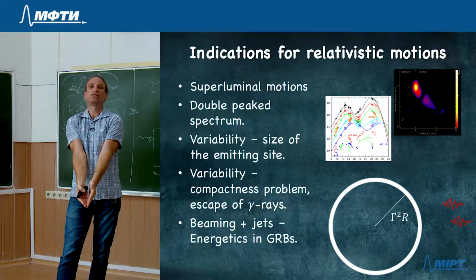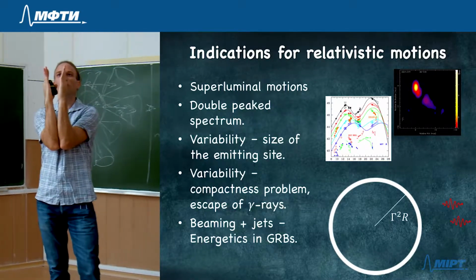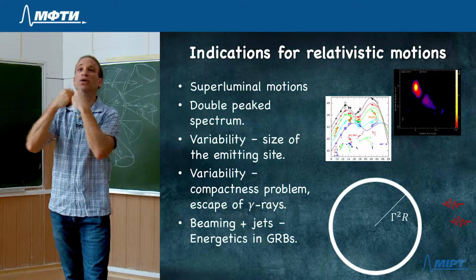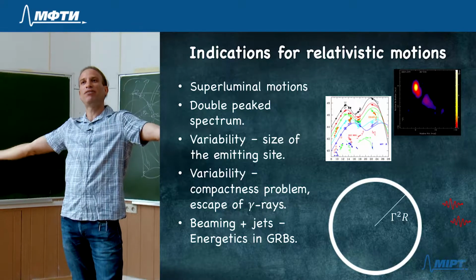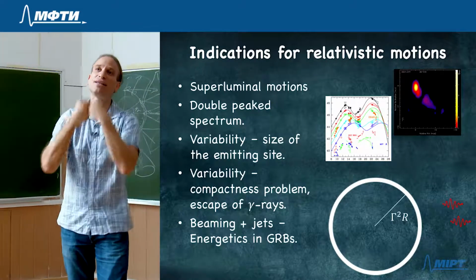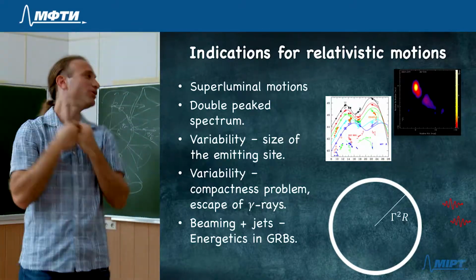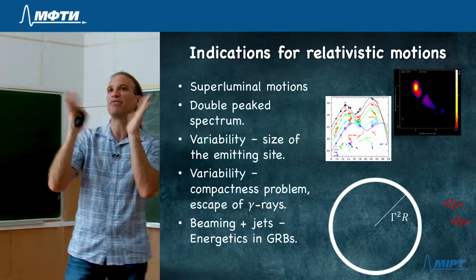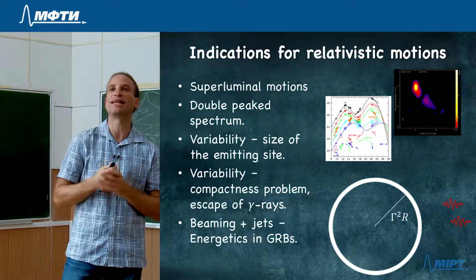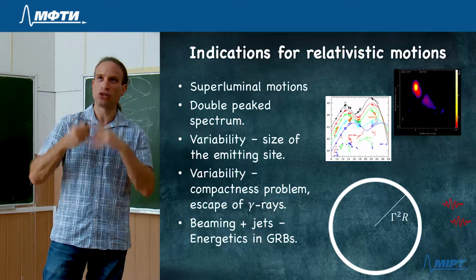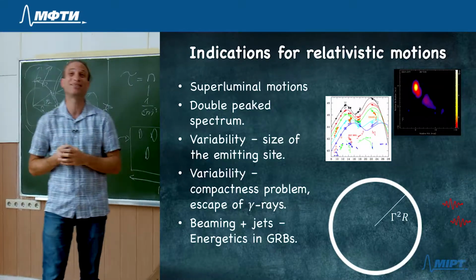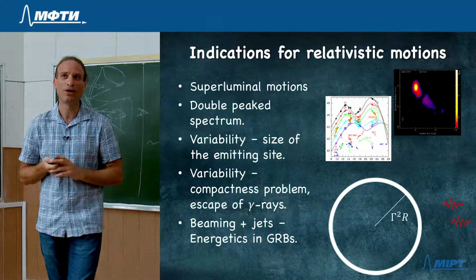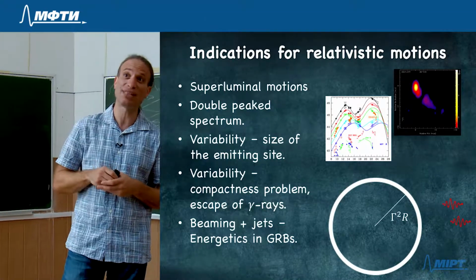If the jets are very narrow, then this energy will be reduced by the angular size of the jet divided by 4 pi. And the angular size of the jet is something like 10 degrees or so. So the total energy is reduced from 10 to the 54 to about 10 to the 51, 10 to the 52, which are more reasonable sizes.